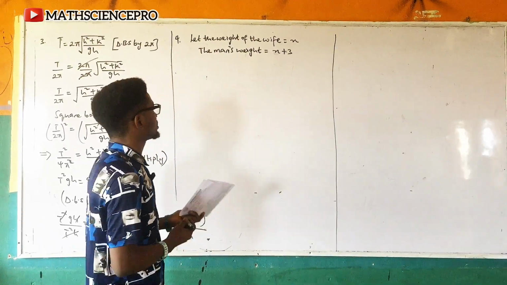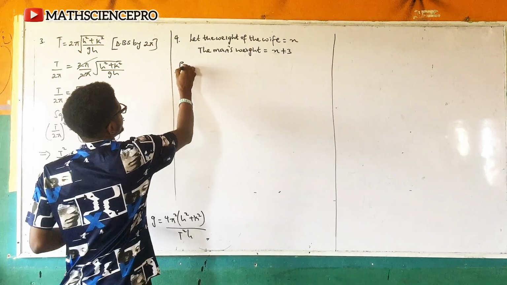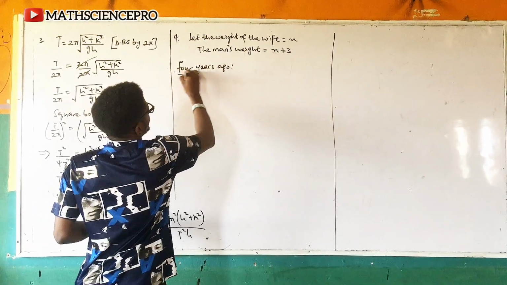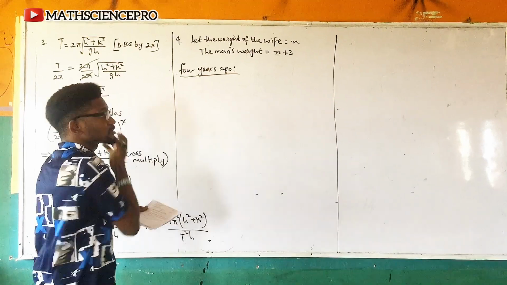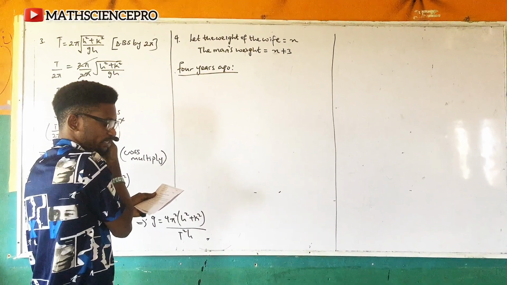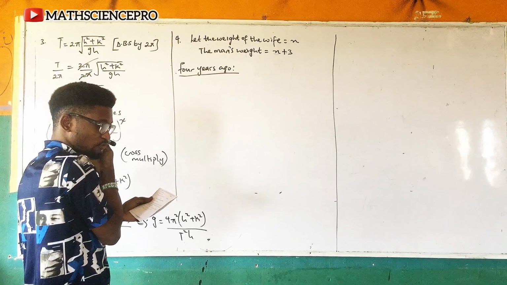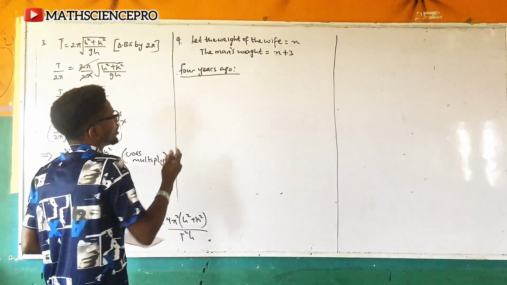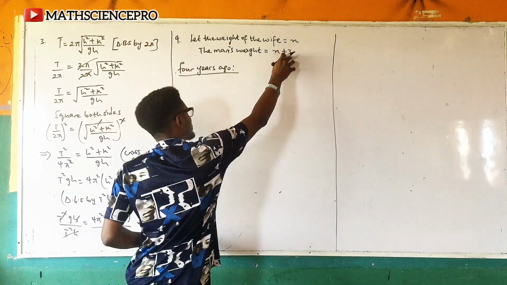So for us to interpret that presently, 4 years ago, the ratio of the man's weight to his wife's. The weight of a man is 3 greater than his wife, so we are picking up the man first. So 4 years ago, whatever is the man's present weight, I need to remove 4 from it.